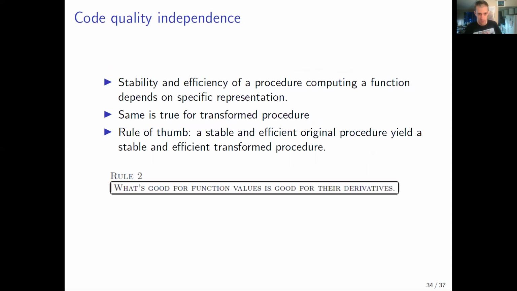Okay, so now I just want to talk about some additional concepts that came up in these first two chapters of Griewank and Walther. One concept is code quality independence.